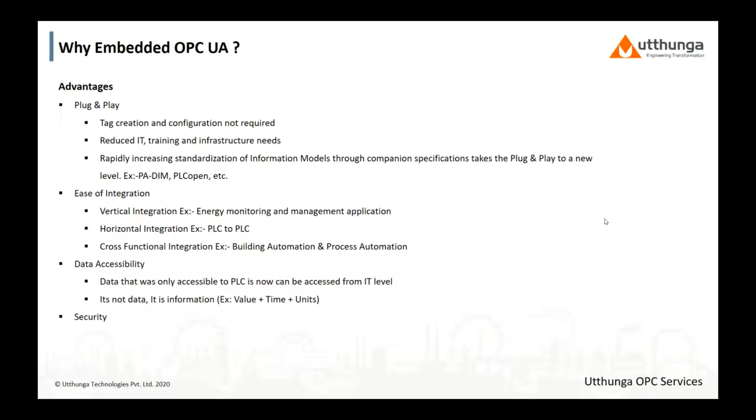The next one is ease of integration. There are several cases where you need vertical as well as horizontal integration at the PLC level, or even in the down layer, where the devices need to communicate with each other. One such example of vertical integration is energy monitoring and management applications. Usually, from the layer below to the PLCs, only the process variables and process-related data are acquired.